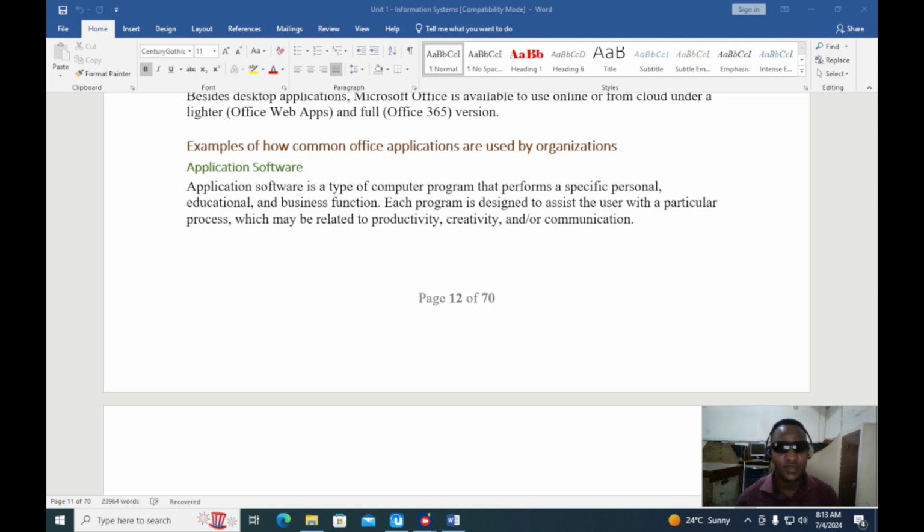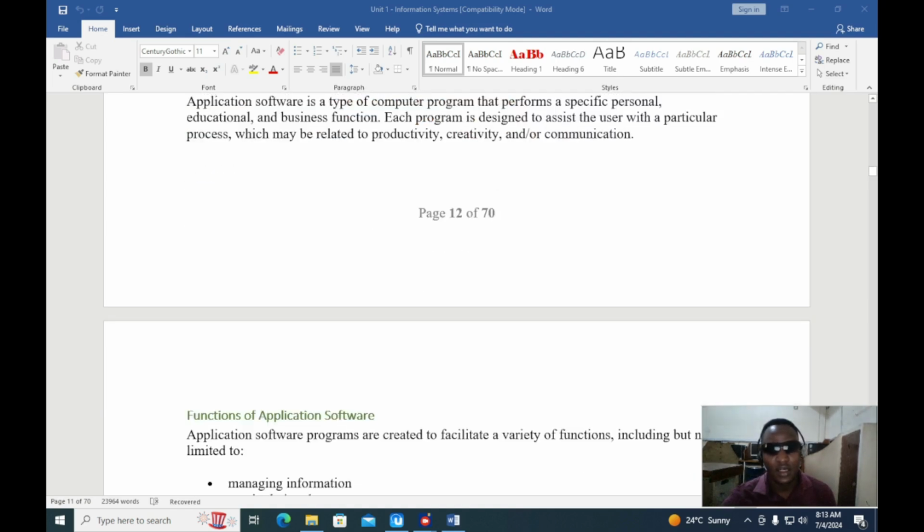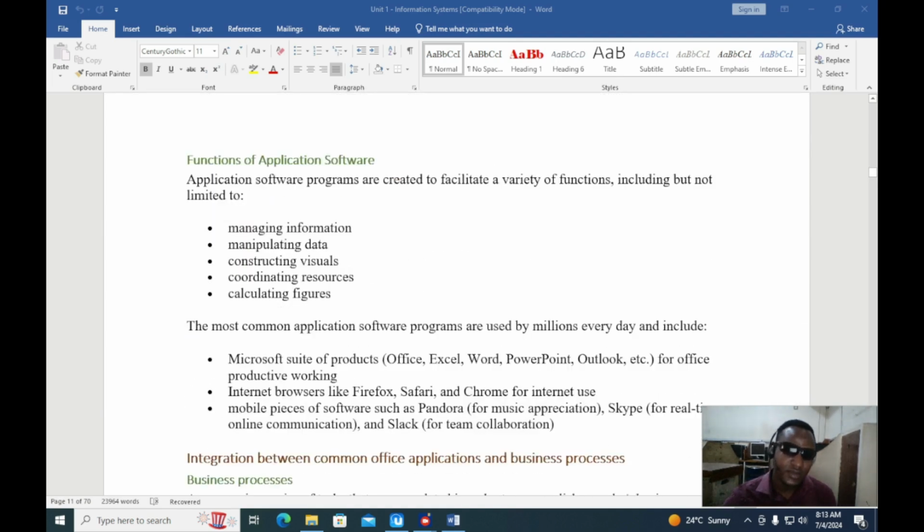So each program is designed with a purpose to assist the user with a particular process, and that process may relate to productivity, creativity, or even communication. When you look at the functions of application software, you are going to see a number of them that include the following.